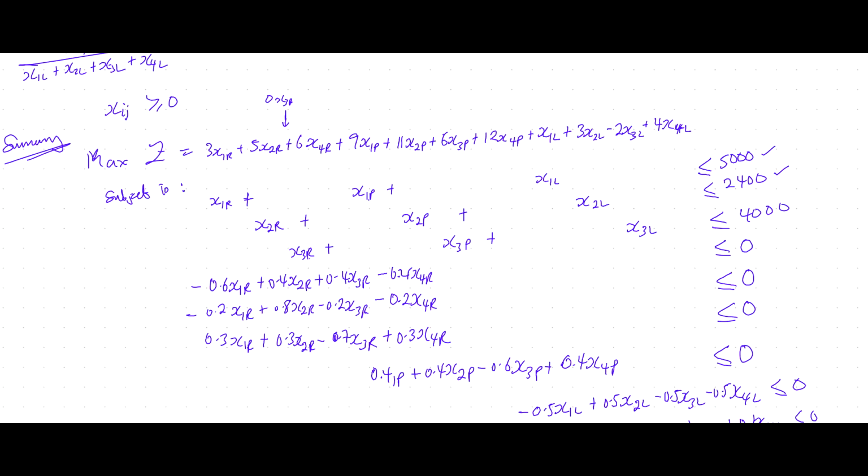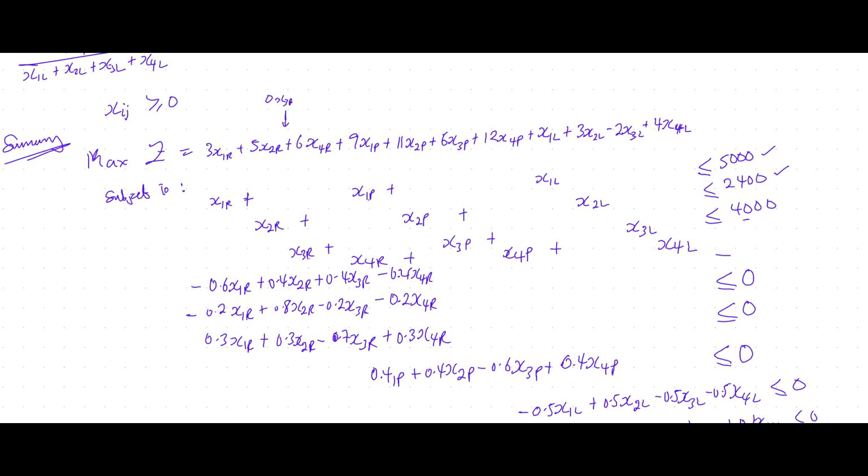This is why it's always good to check before you close. So the other one is 1,500, and it's for the fourth component, which is x4r plus x4p plus x4l, and that is 1,500.